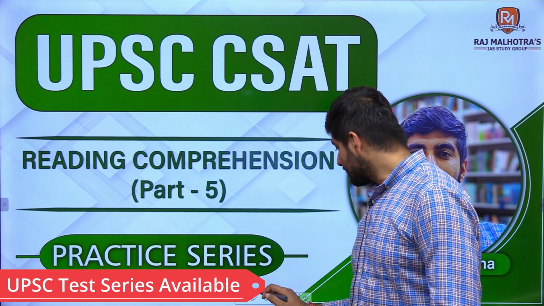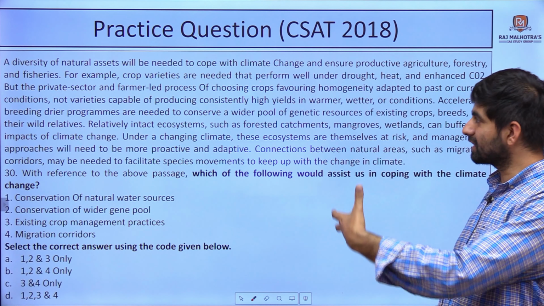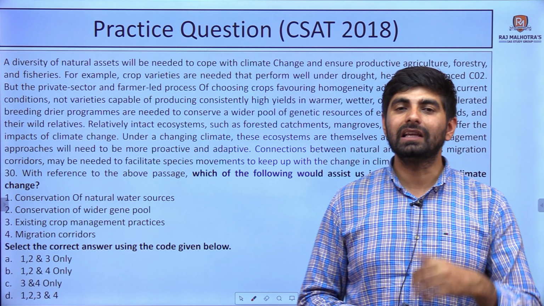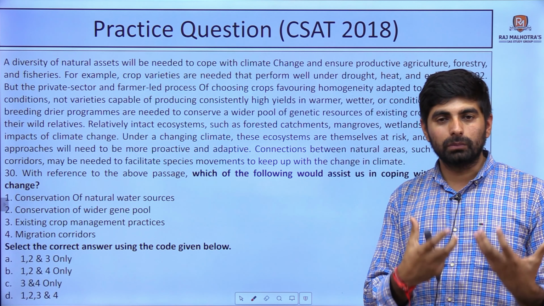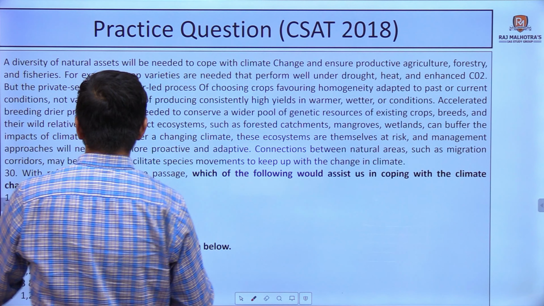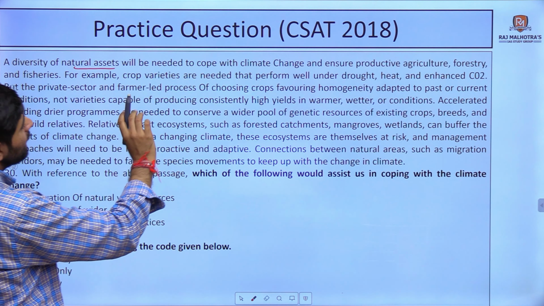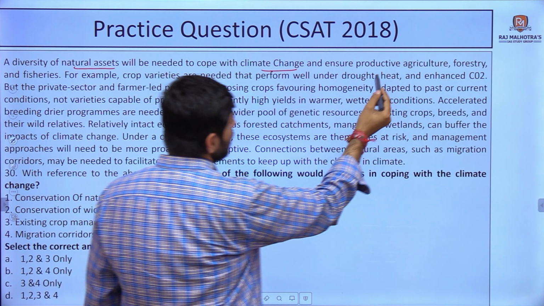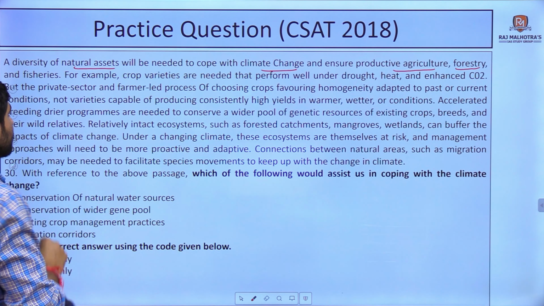Okay, so let's start today's session, in which we are going to discuss a type of passage or question that we got in the CSAT 2018 exam. This passage is typically based on the geography portion, you can say geography and environment. It says: a diversity of natural assets will be needed to cope with climate change and ensure productive agriculture, forestry and fisheries.